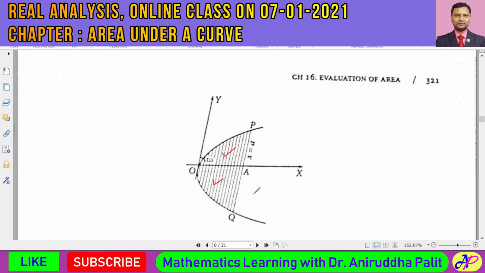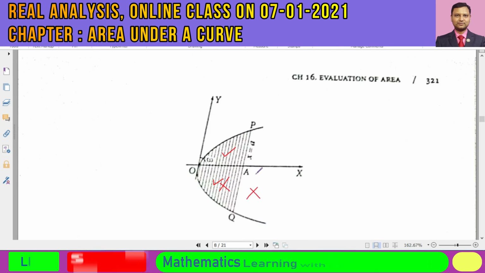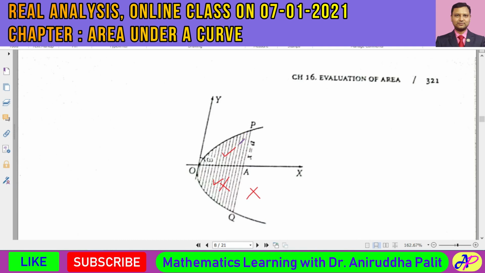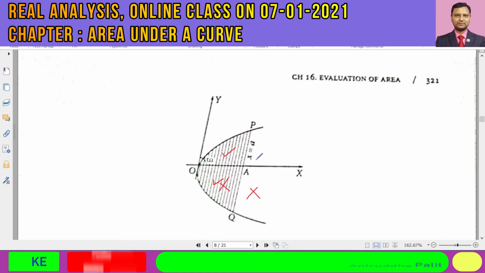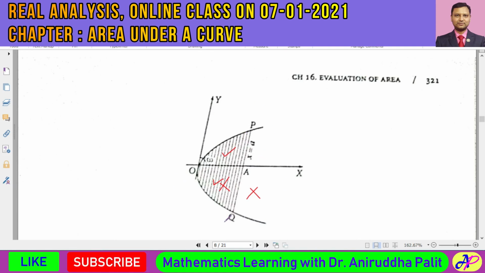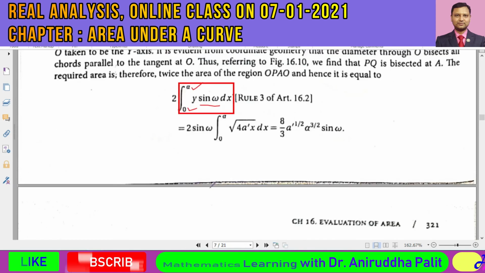That's why the computation of this lower area has been avoided. We compute the upper area, and that area is to be multiplied by 2. Ultimately you will get the total area. Got it? And that's why this 2 has come. The area is multiplied by 2.